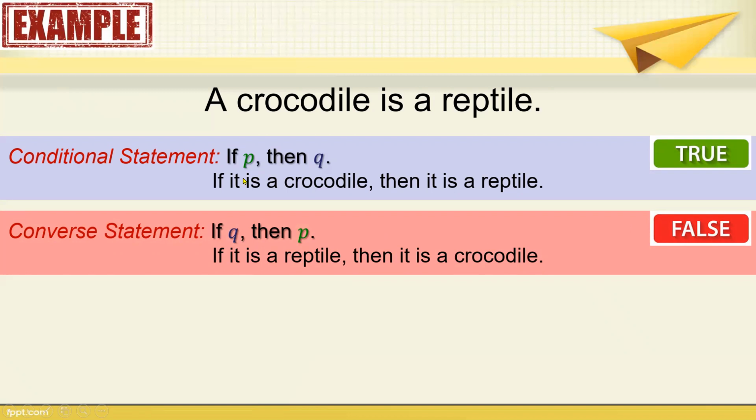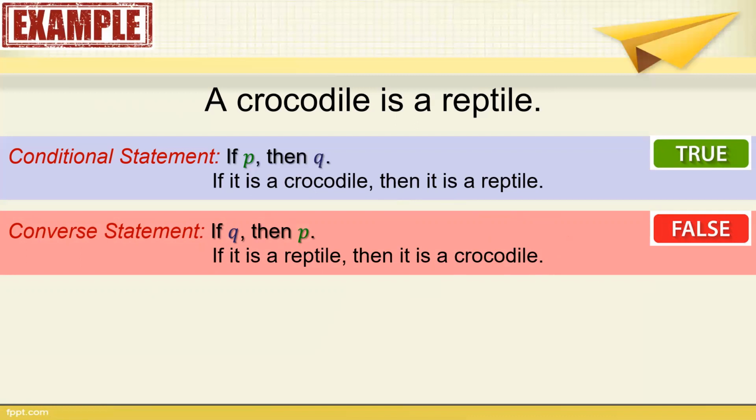Dito kaya siya nag-true kasi ang sabi diyan, ang crocodile daw, if meron kang crocodile, siya ay reptile. Dito kasi sa pangalawang statement, kung meron kang reptile, crocodile daw yon. So dito ino-automatic niya kasi parang kinukonclude niya na crocodile lang yung reptile. So dito hindi pwede. Magpo-false talaga siya kasi hindi nga naman crocodile lang ang reptile. So marami pa tayong reptiles, 'di ba? Na animals, hindi lang crocodile.